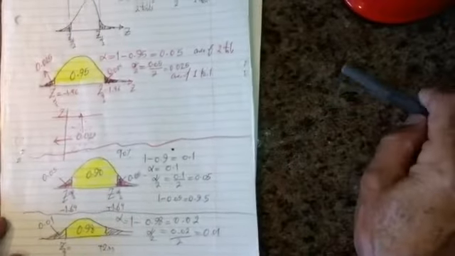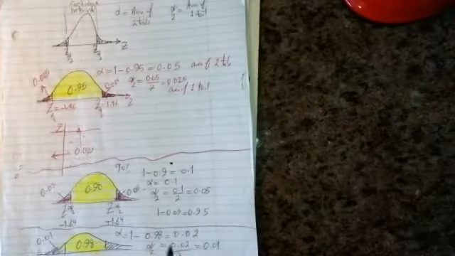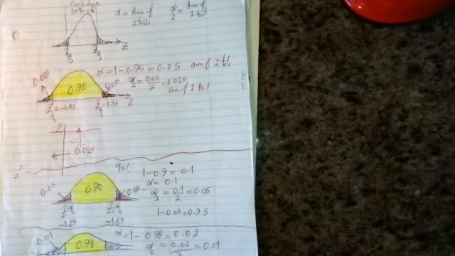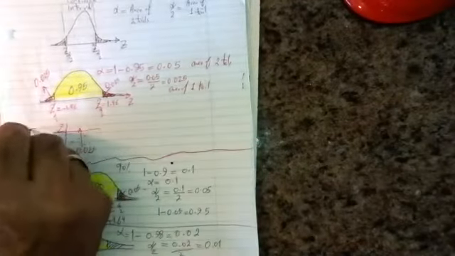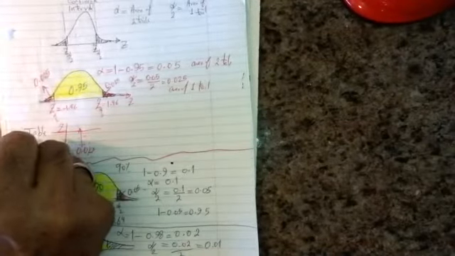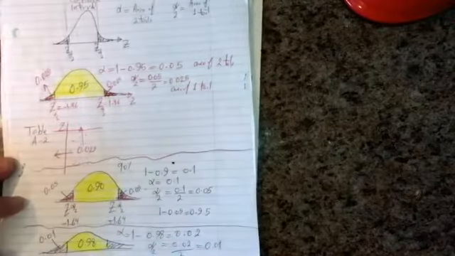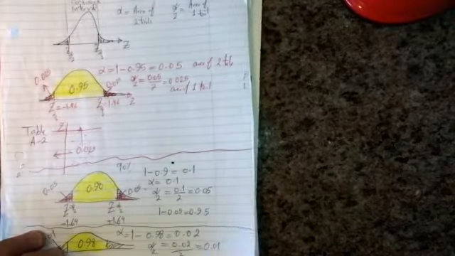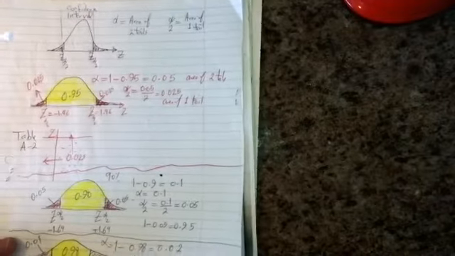See, I show you some examples here. When it's 95%, you either go to table A2. When you go to table A2 it is like this, look, see that?